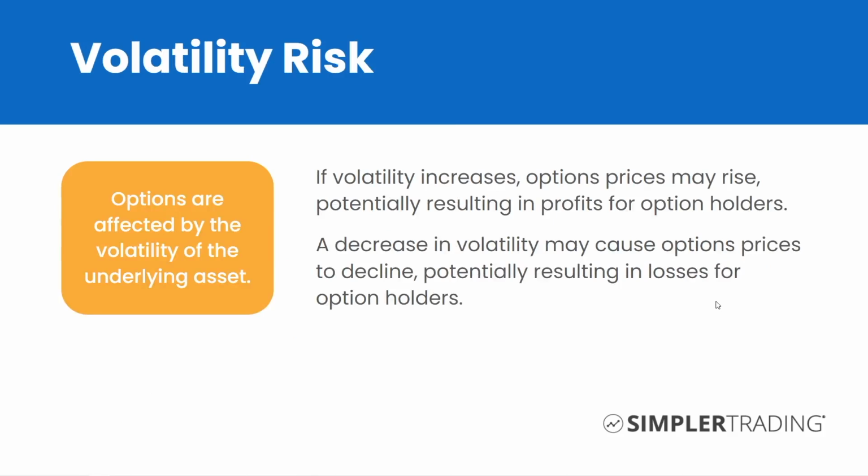That's the second type of risk. If volatility increases, option prices may rise, potentially resulting in profits for the option holders. A decrease in volatility may cause option prices to decline, potentially resulting in losses for options holders. Now, this, of course, is very dependent on the option strategy you're trading.